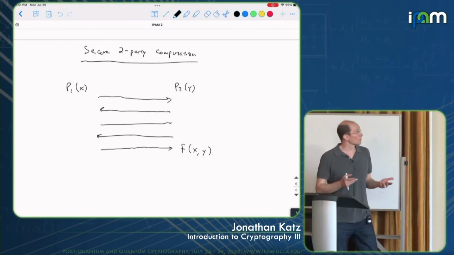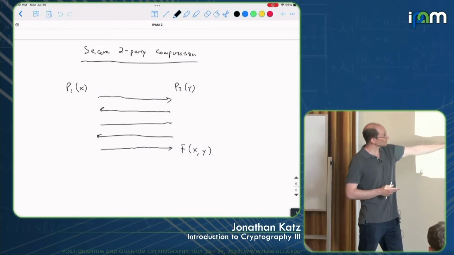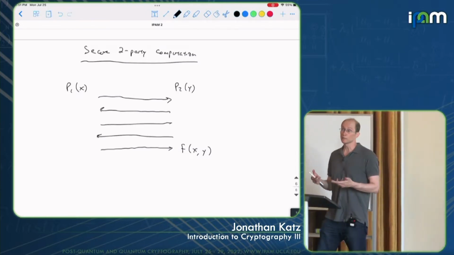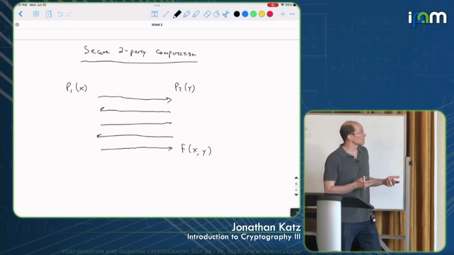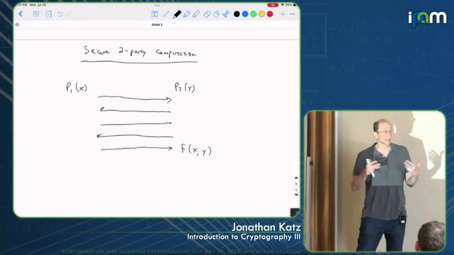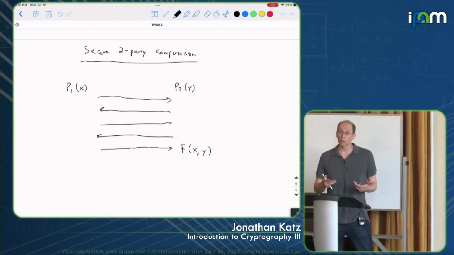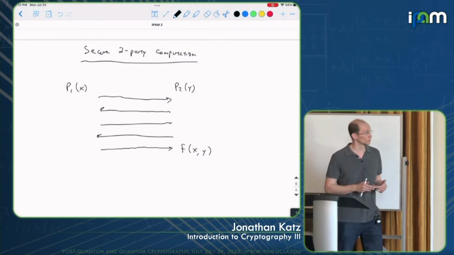Other properties we might want are something like a correctness property, saying that the output f(x,y) that P2 receives should correspond to some input x held by P1, and it shouldn't be possible for P1 to cause the output learned by P2 to be something that could never possibly arise as the evaluation of f on some input x plus the known input of P2.